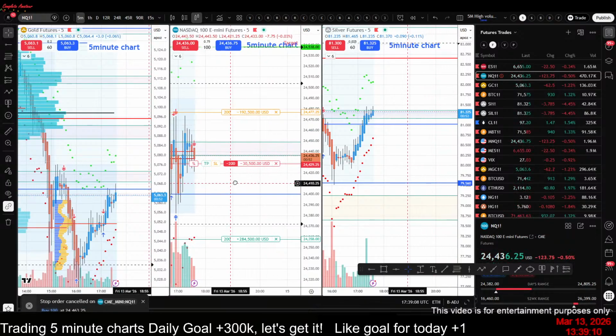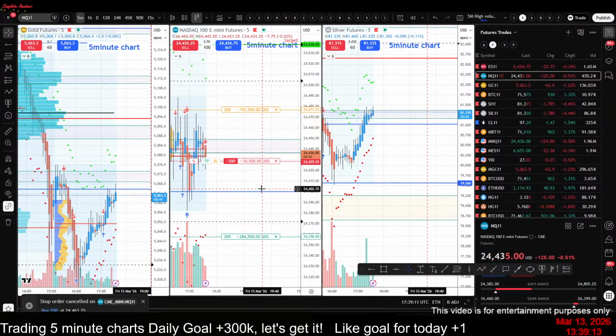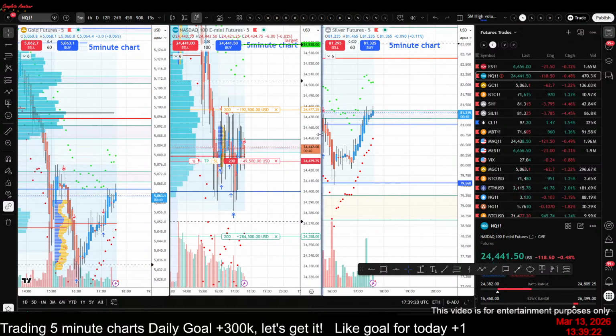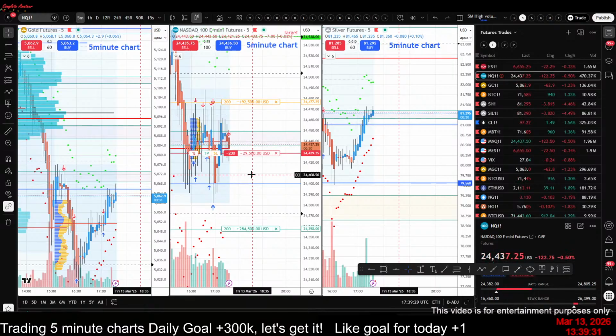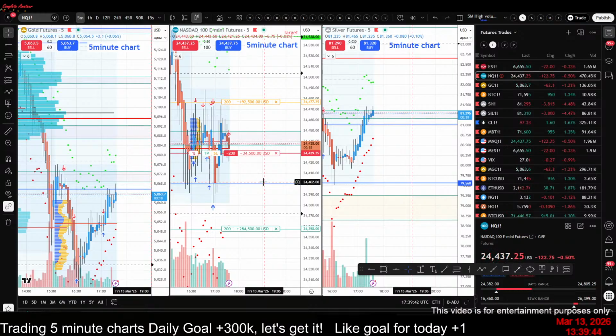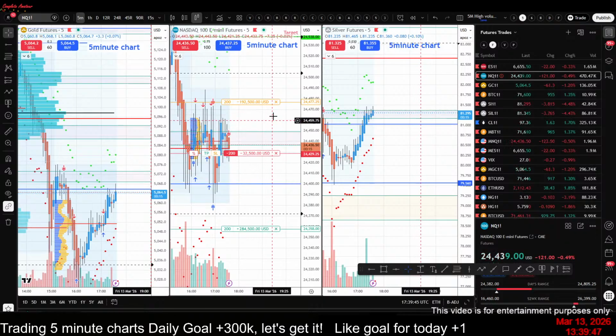Just accept it. It's not quite the sort of price action I want to see. It's not really a classic setup either. I'll tell you what, losing 192.